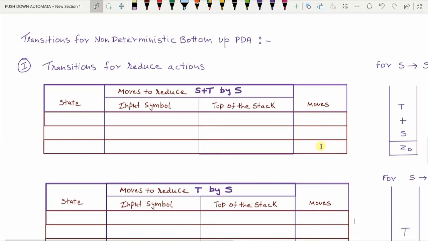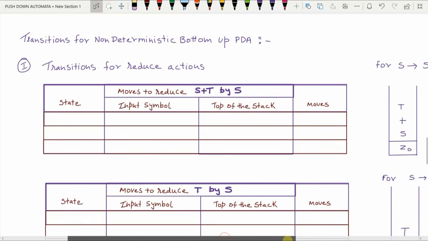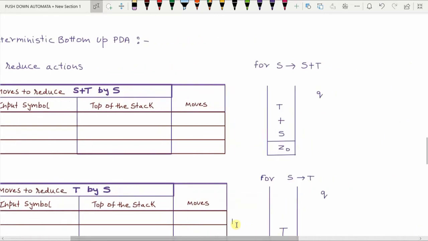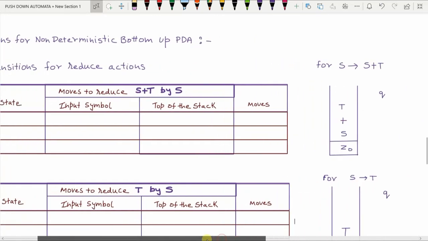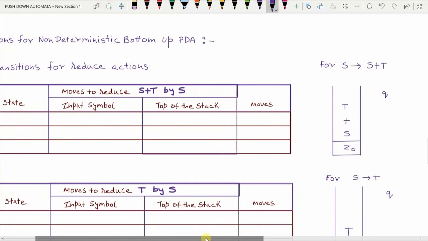For our understanding, I have also drawn a figure at the side of it, and accordingly we'll proceed. Initially we are assuming that, since our aim is reduction, S plus T is already in the stack.